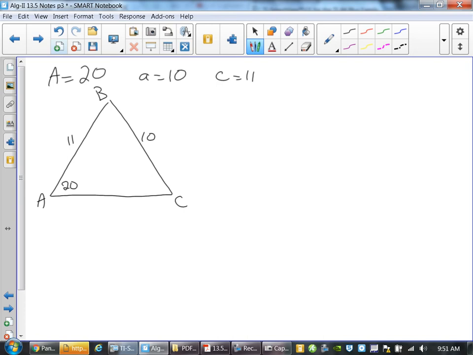The only time you have to really worry about the two triangle setup is if your given angle is acute. If your given angle is acute, you can check it real quick. I'm going to take the side that's adjacent times the sine of my given angle, and I'm checking to see, is it smaller than 10, which is still smaller than 11.